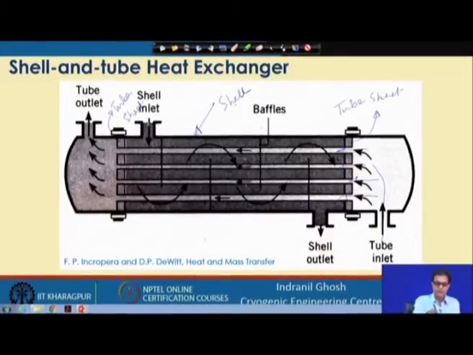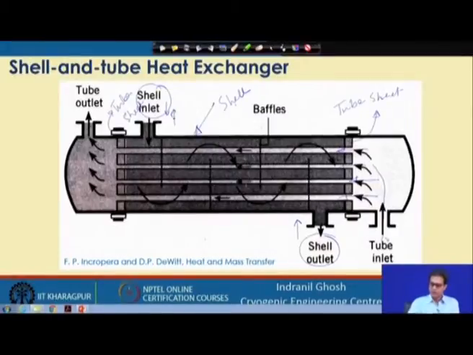Now, the shell side fluid will enter from this end and come out from this end, or it may also have a different configuration, where the fluid may enter from this side and come out from this side, depending on the configuration.